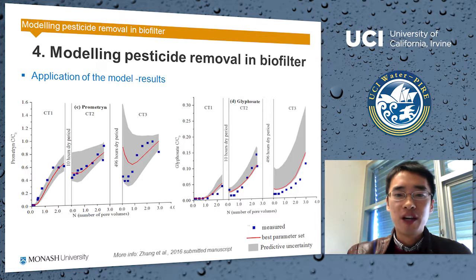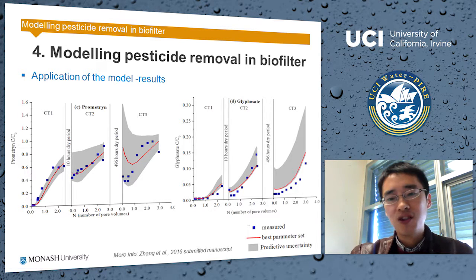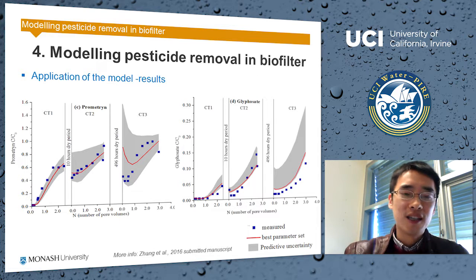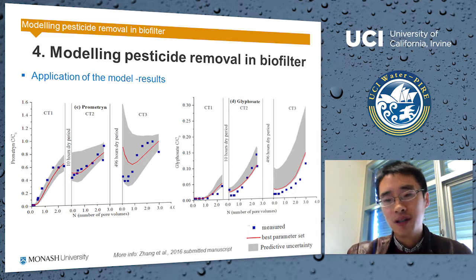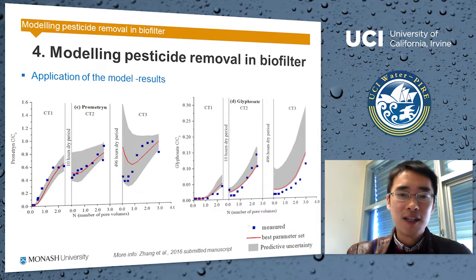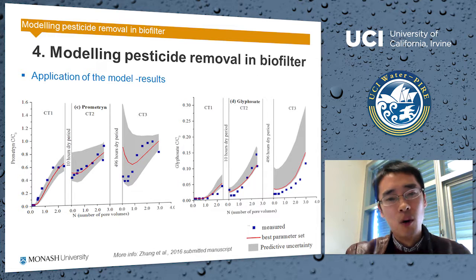In the graphs, the dots are the measured data from the in-situ challenge test, while the red lines show the predictions based on the parameters calibrated from the laboratory column experiment. You can see that this model can produce reasonably good results to predict the field performance.